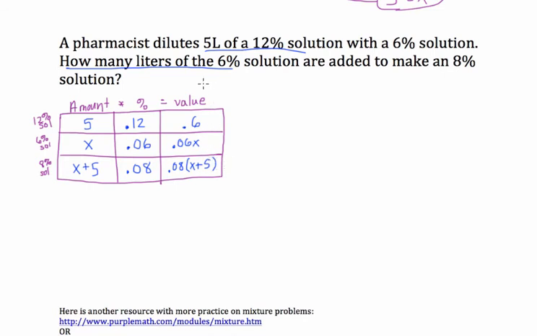Now to make my equation. My equation is going to come from this last column. I know that if I add these two, I'll get this. So 0.6 plus 0.06x should equal 0.08 times x plus 5. Distribute.